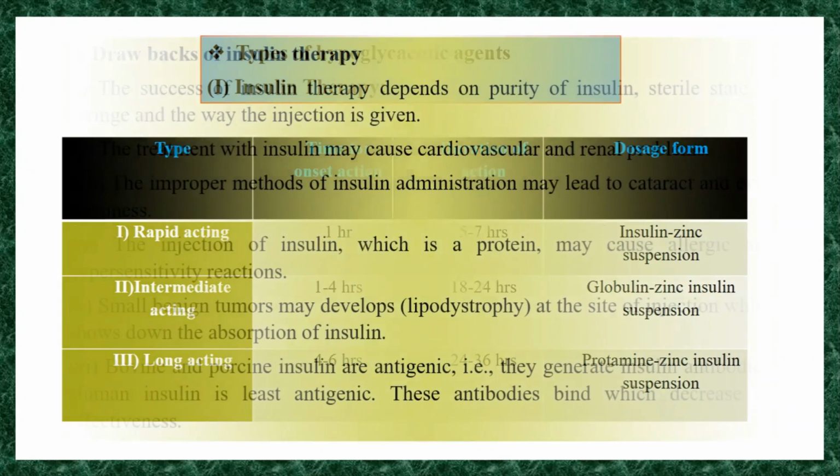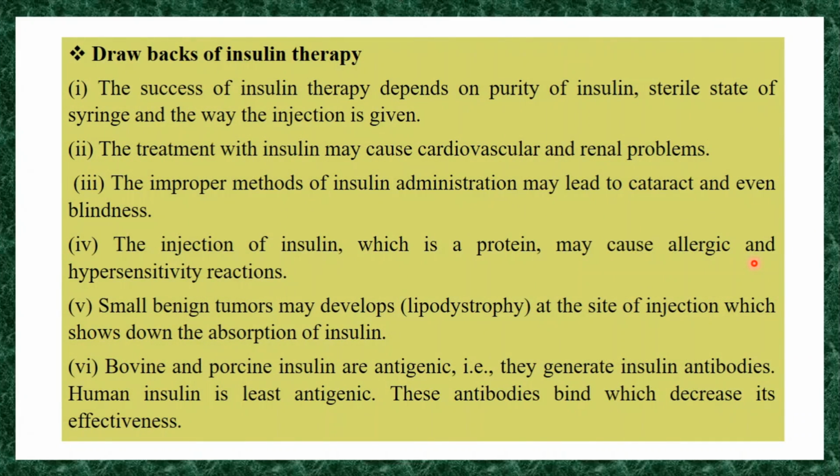So now in the next slide we'll see the drawbacks of insulin therapy. What are the drawbacks of insulin therapy? The first drawback is that the success of insulin therapy depends on the purity of insulin, the sterile state of the syringe, and the way the injection is given. The insulin is extracted from animals, that is pork insulin and bovine insulin, so it may contain some impurity.